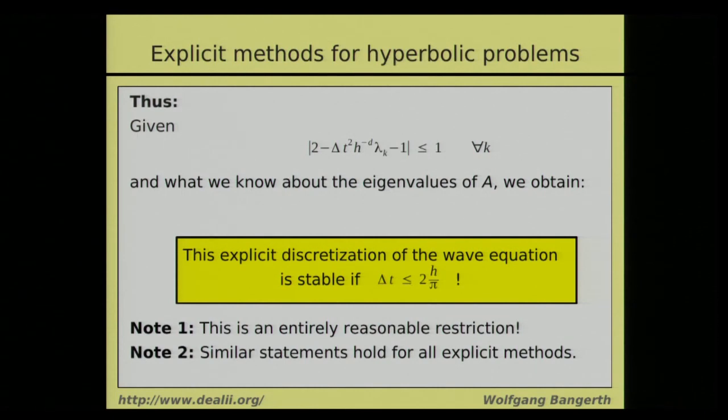You remember that for the parabolic equation, the condition I had was that the time step must be less than or equal to some constant times h squared, and that meant that if I refine the mesh once, so I make h smaller by a factor of 2, I had to choose delta t smaller by a factor of 4. And that we consider unreasonable.